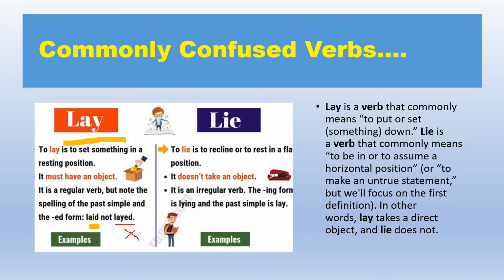So when we say the hen laid an egg, the hen is the subject, laid is the verb, an egg is the object. So it must have an object.